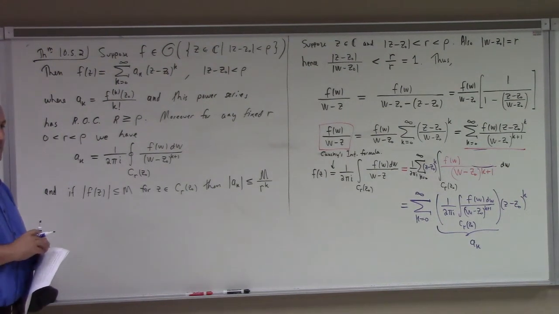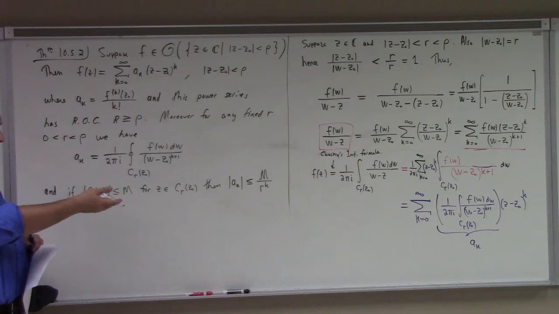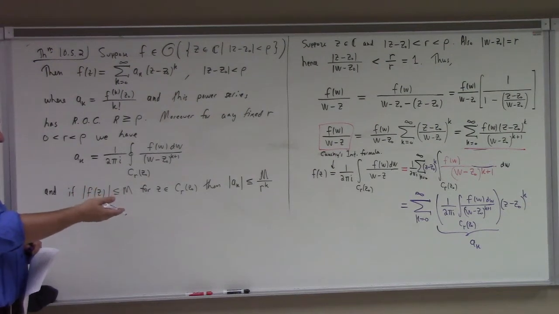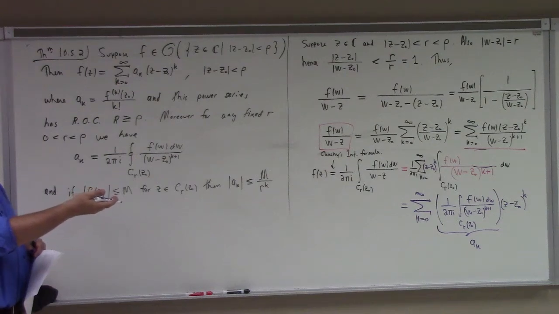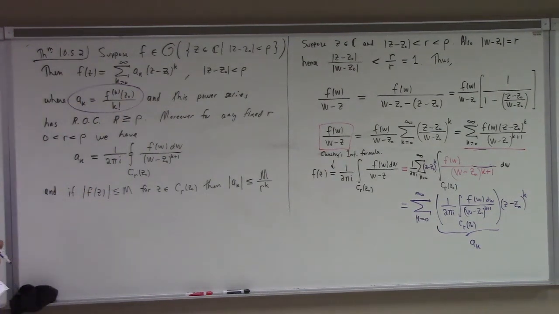And then there's different ways you can go from here. One way you could go is to say, okay, now we have f represented by a power series, so we know the meaning of the coefficient. We know that the kth coefficient of a power series is given by evaluation of the kth derivative of the function at the center of the series divided by k factorial.